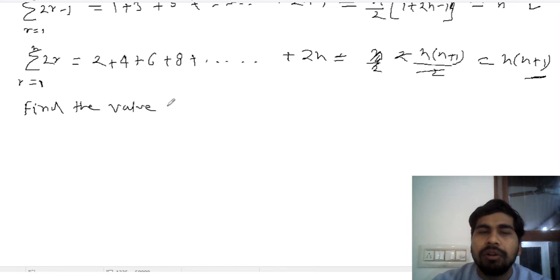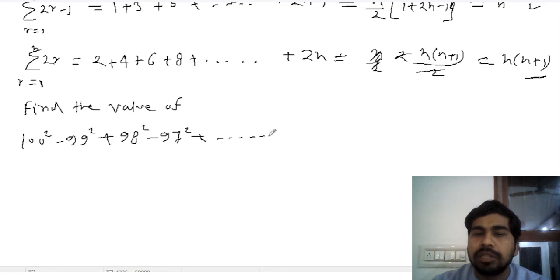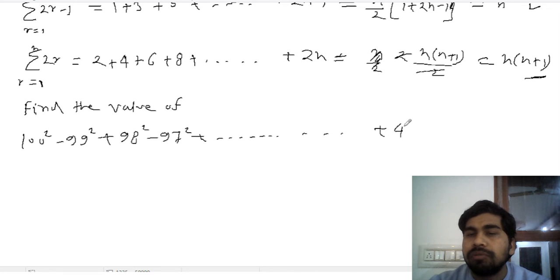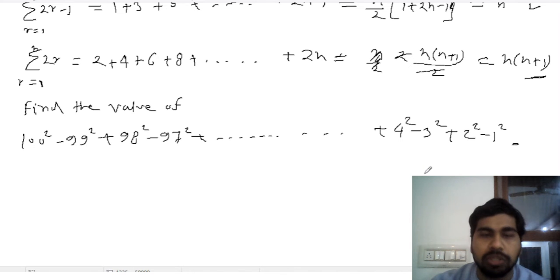Find the value of 100 square minus 99 square plus 98 square minus 97 square plus and so on, up to 4 square minus 3 square plus 2 square minus 1 square. You have to find the value of this expression.